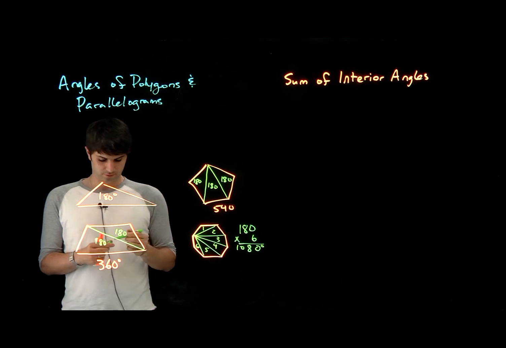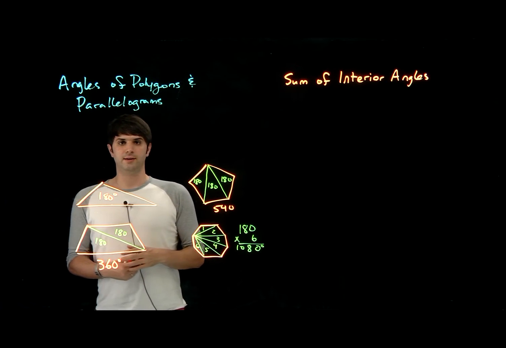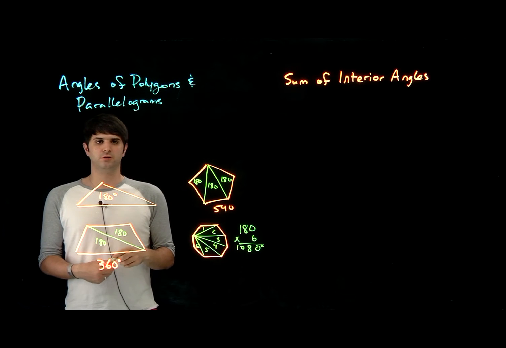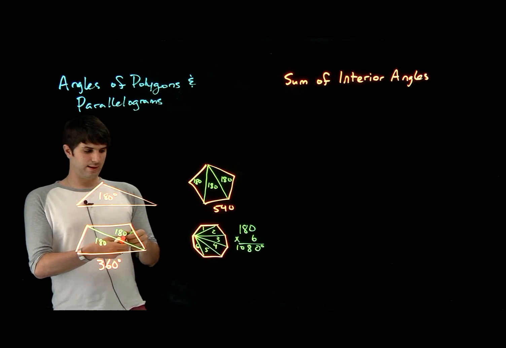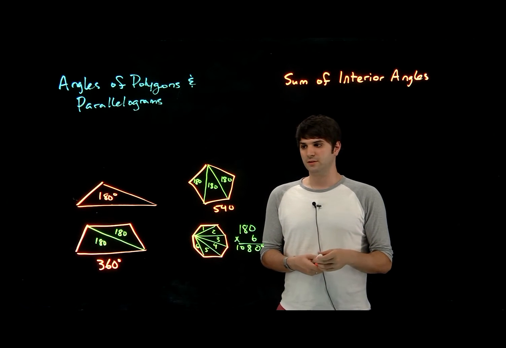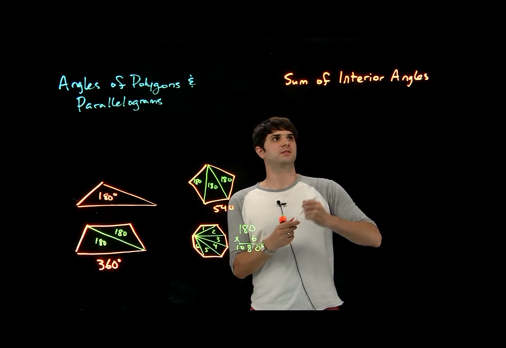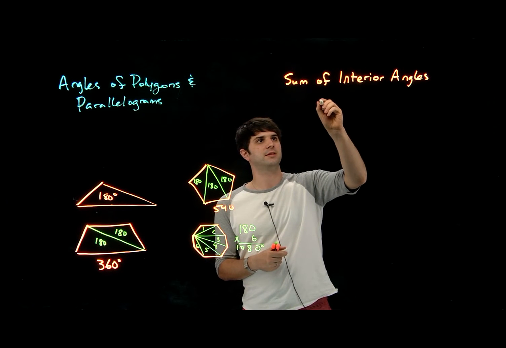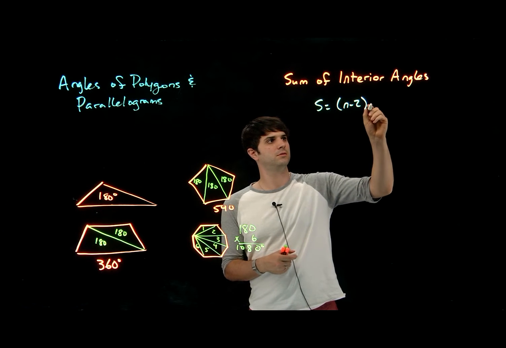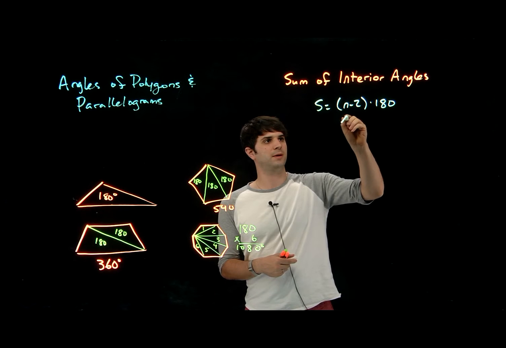All right? So basically, what you guys notice here then is the number of triangles in any polygon. The number of triangles is n minus 2. So the sum of the interior angles is n minus 2 times 180. Let me explain where this comes from.